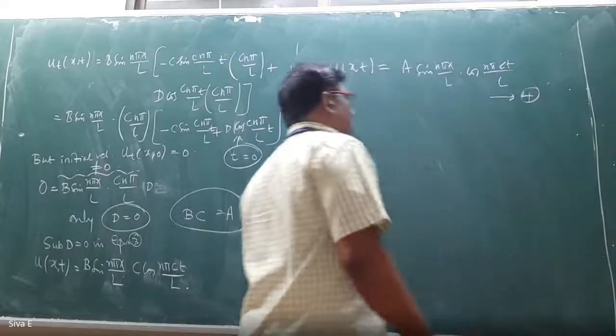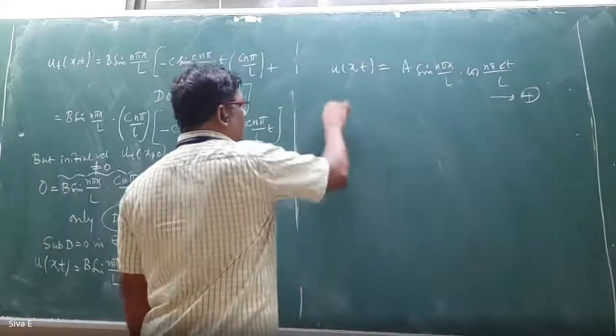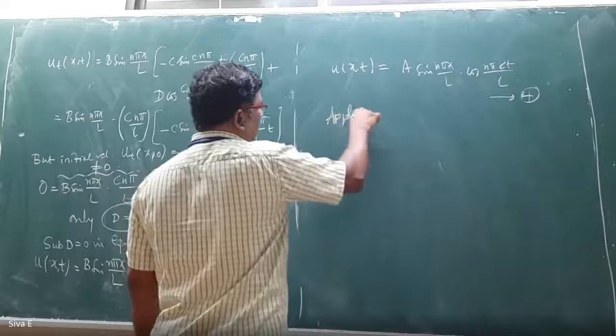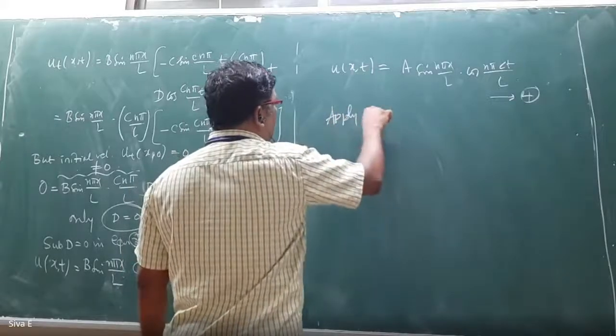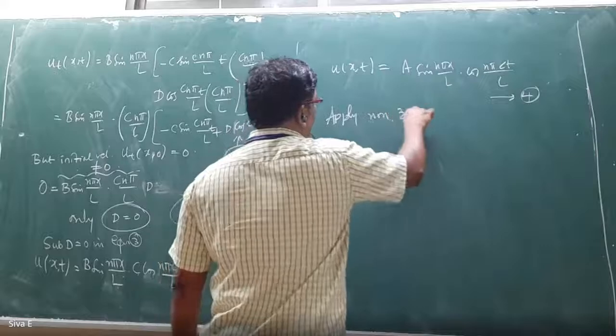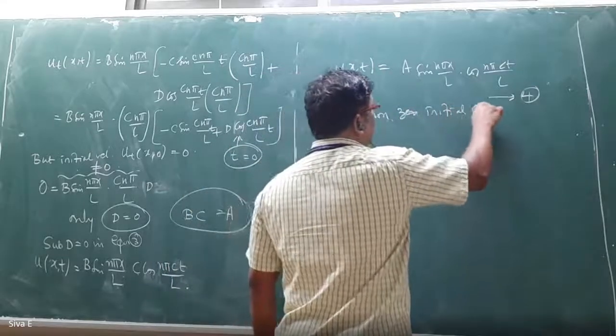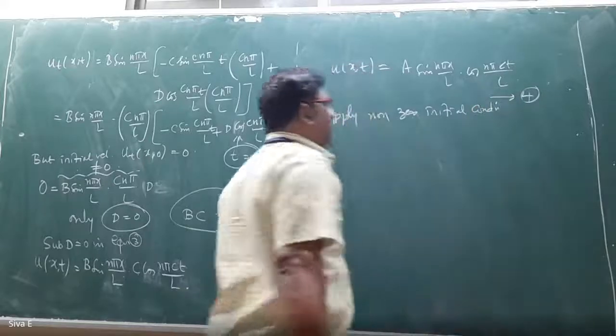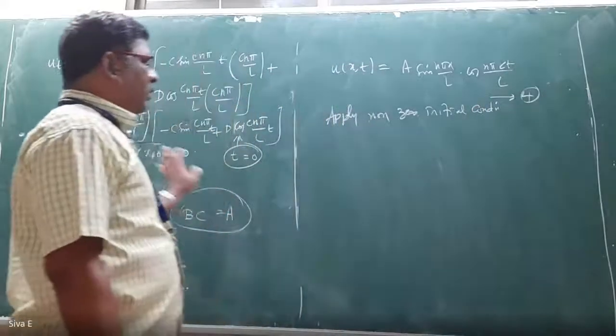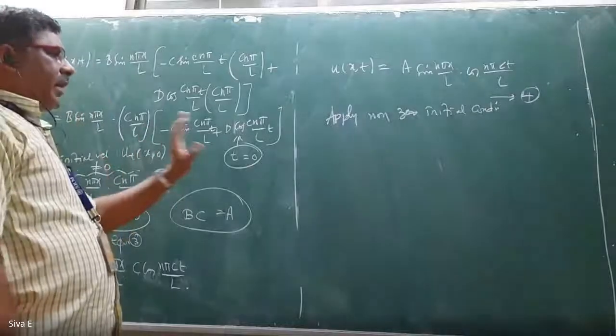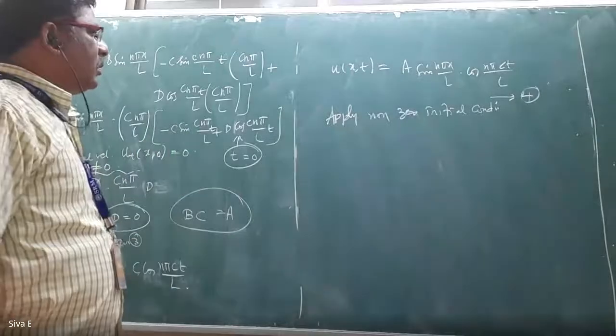Now you apply the last initial condition, the non-zero initial condition. That means first you have to apply all the zero boundary conditions and zero initial conditions. Finally, you have to apply the non-zero initial condition.